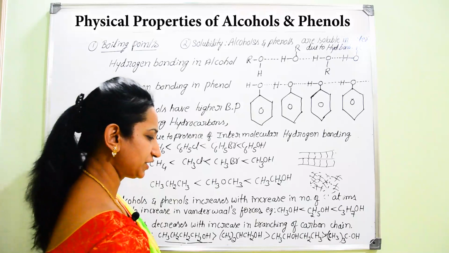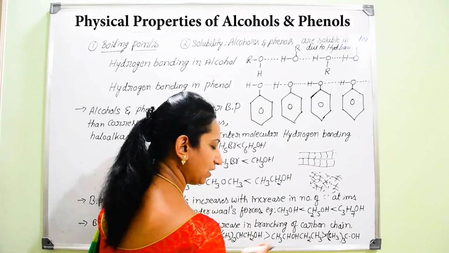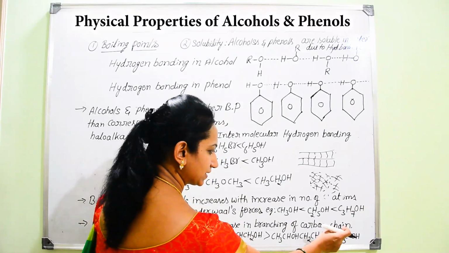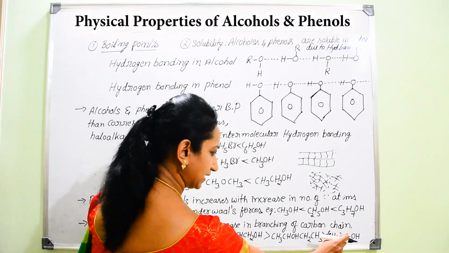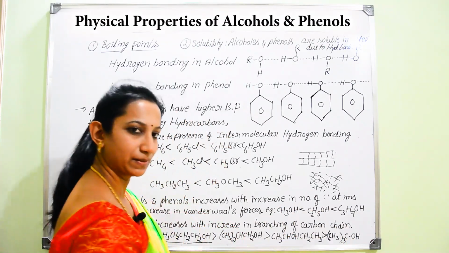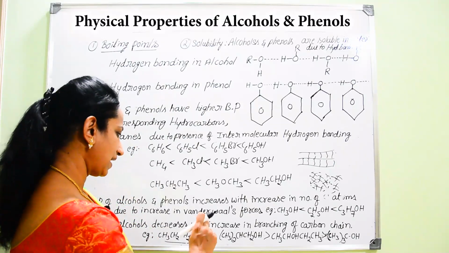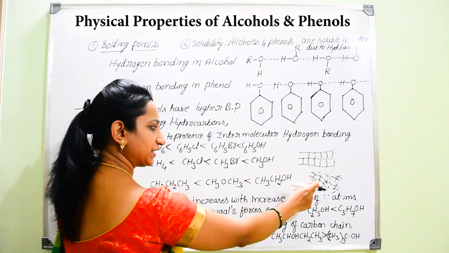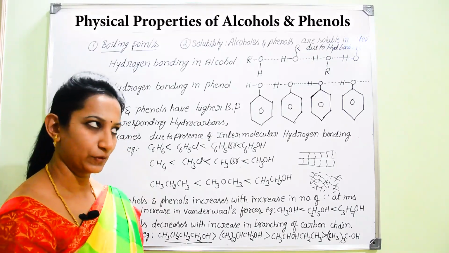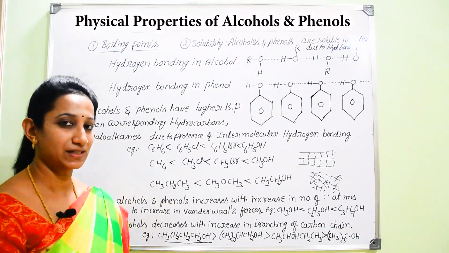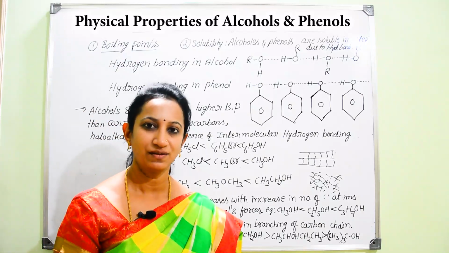It looks like tertiary butyl alcohol. Since it has much more branching compared to the previous cases, it still has a much lesser boiling point. That means as there is an increase in branching, there will be a decrease in the boiling point. Got it? That is regarding the physical properties of alcohols and phenols.